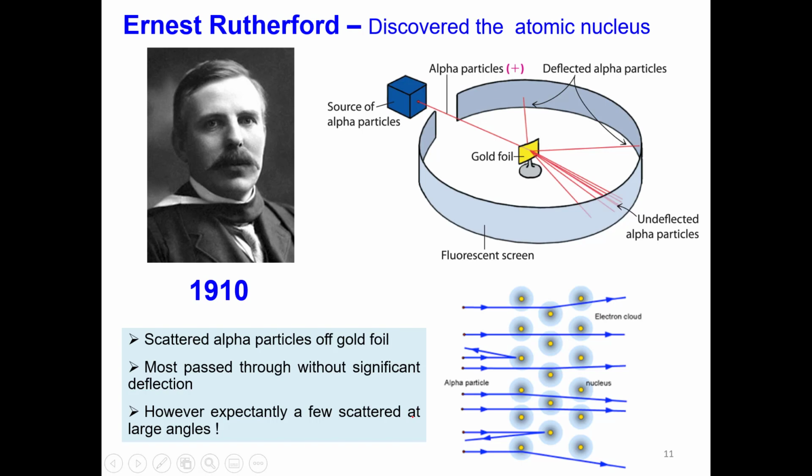Then he said the only way that happened, because the alpha particles are positive particles, is that they were repelled by something that must also be positive, because remember, only like charges repel. He said something positive must be inside the atom. There is some concentration of positive mass inside the atoms. It's the only way we can explain this result.